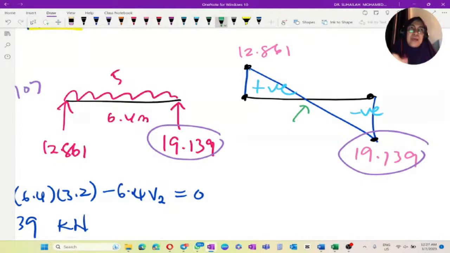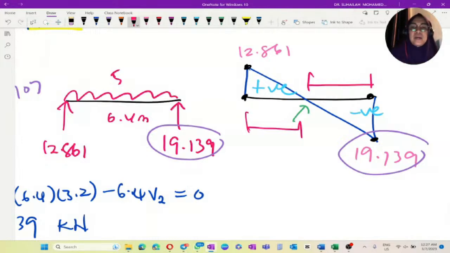So in order to calculate the bending moment, we have to have the area of this shear force diagram. So we have to calculate the area of this triangular. So in order to do that, we have to find this distance and this distance. So how to get this? It is 12.861. We divide by 5.